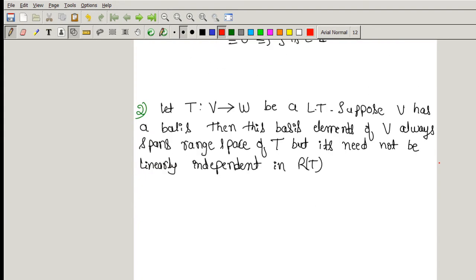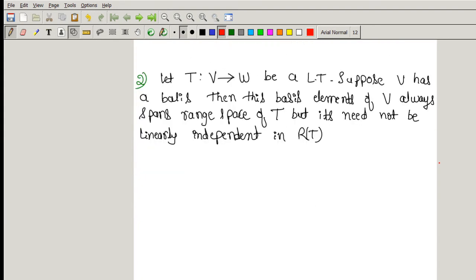Let T from V to W be a linear transformation and V have a basis.